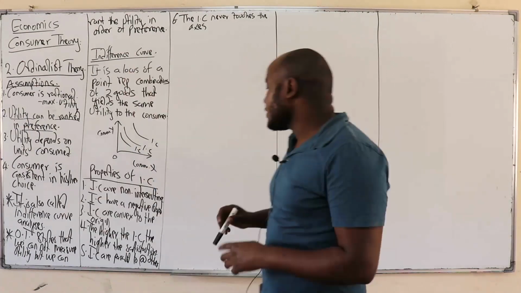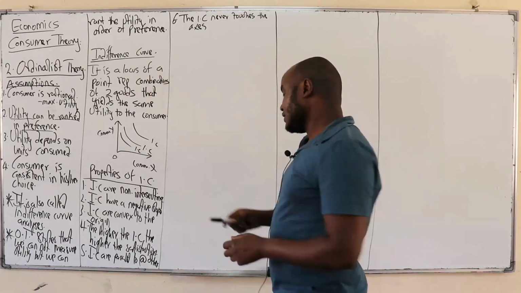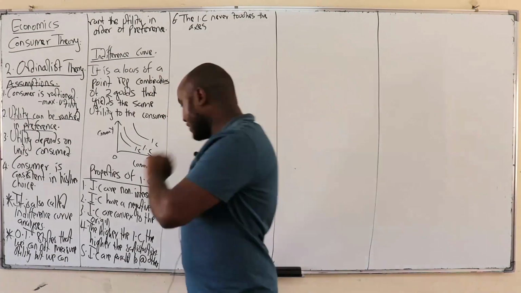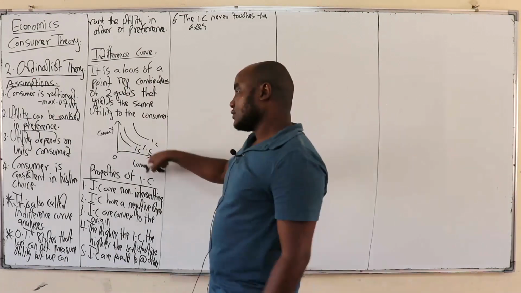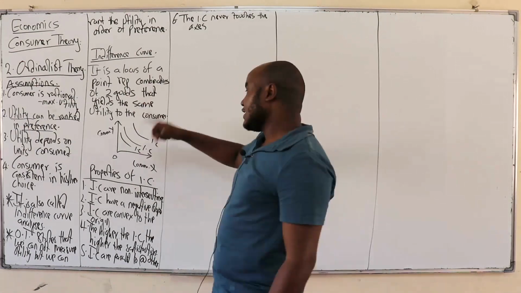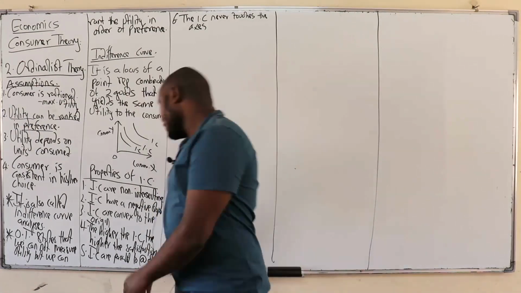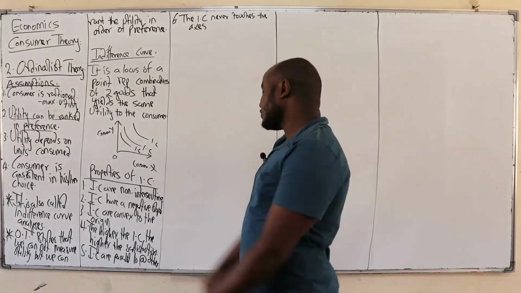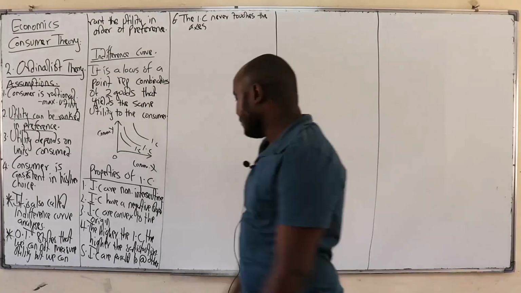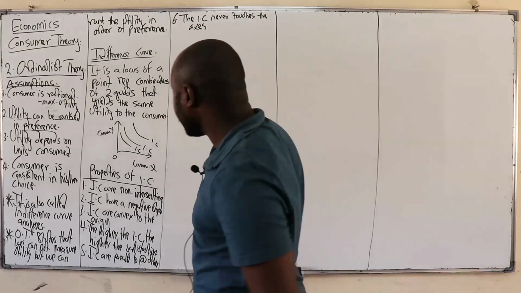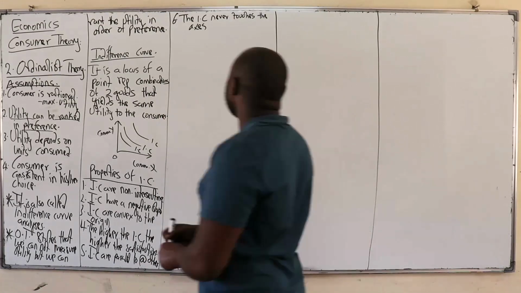Number two is that indifference curves have a negative slope. They will always have a negative slope. Number three is that indifference curves are convex to the origin. You see, they are convex, not concave. Then the higher the indifference curve, the higher the satisfaction. Then lastly, indifference curves are parallel to each other and never touch the axis.